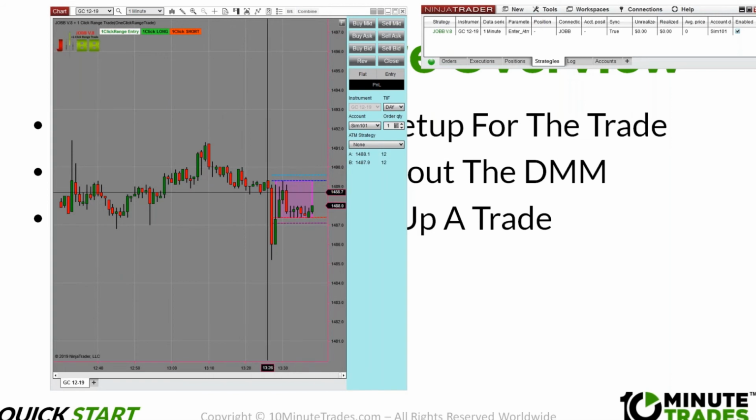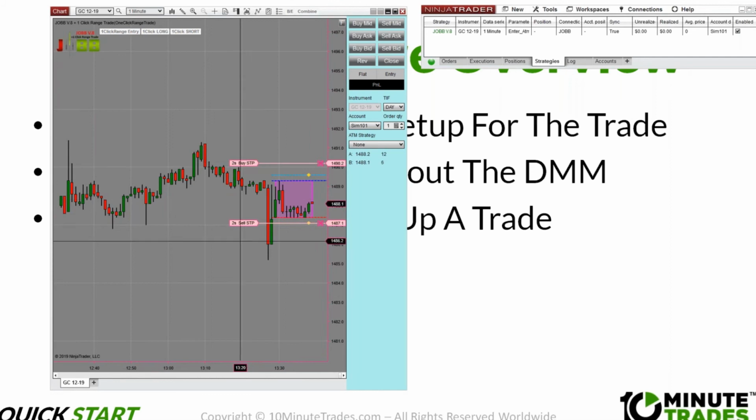Now, if I wanted to trade this as a discretionary trade, if I knew like the FOMC was talking and that their talking was going to make this market break out of this range, I could click one-click range trade entry, and my entries would be 3 ticks above the market, 3 ticks below the market. I'm just moving it so I don't get filled.